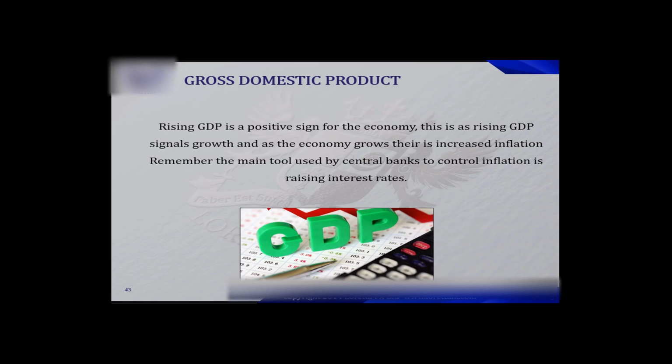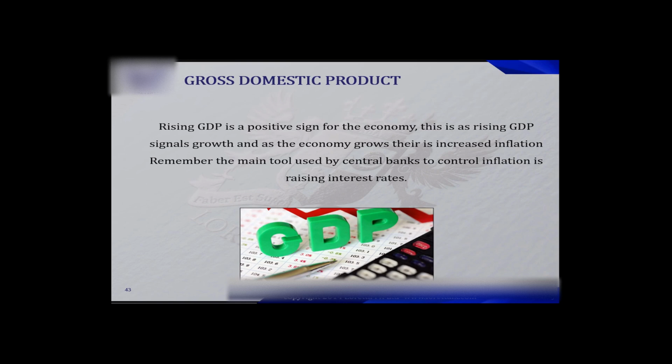And whenever goods and services start to exceed demand, this will result in excess inventory, and excess inventory will lead to losses, which will result in producers cutting costs, which will result in loss of jobs, which will eventually result in a decrease in retail sales, which will eventually lead to decrease in GDP, and decrease in GDP will eventually lead to the central bank decrease in interest rates.